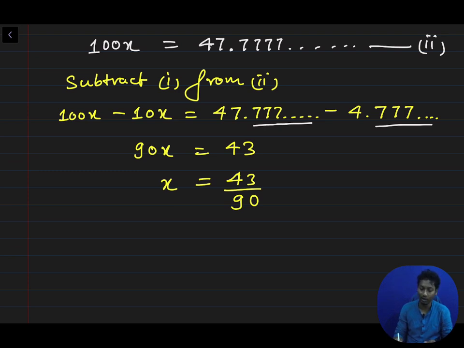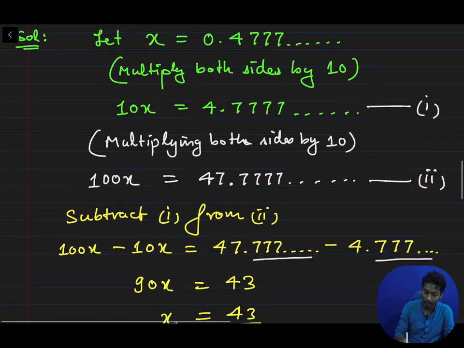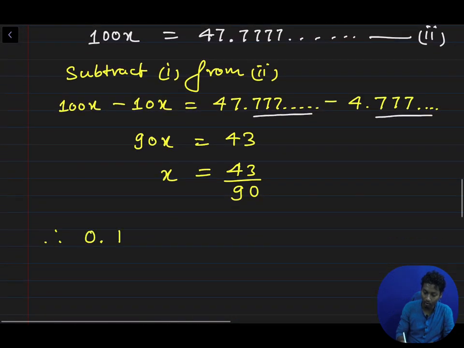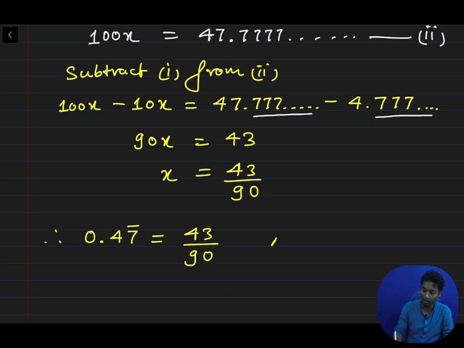So this will be your expression of 0.47 with a bar on top of 7, which is equal to 43 by 90. This will be your answer. Is that clear?